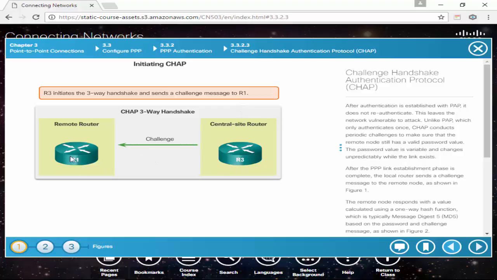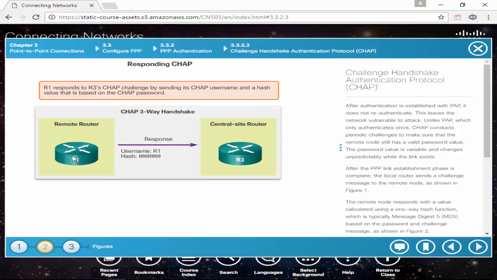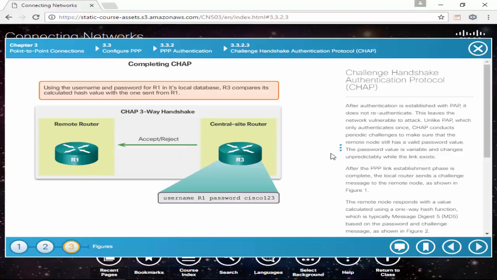The username would be R1 with the enable password, or the enable secret password as the password for that username here, and it would be vice versa over here, right? And then they would work, right?